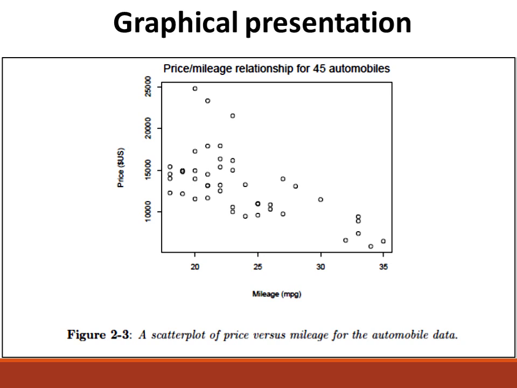It is the variable which we wish to forecast. So this graph is a scatter plot of price versus mileage for car data. There are 45 cars, and every point here represents one car.